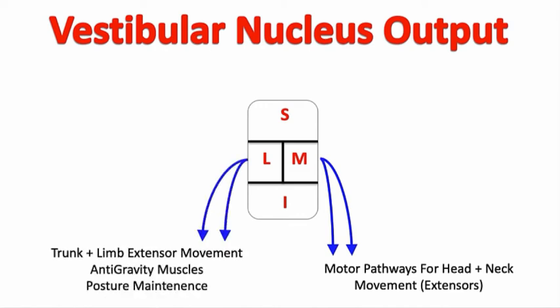The lateral vestibular nucleus goes to trunk and limb extensor movement, mainly the anti-gravity muscles, to maintain erect posture. So we will have trunk and lower limb extensor facilitation and trunk and lower limb flexor inhibition.